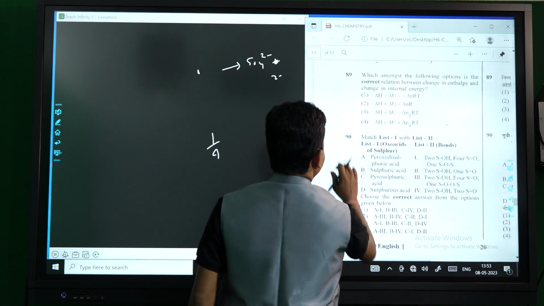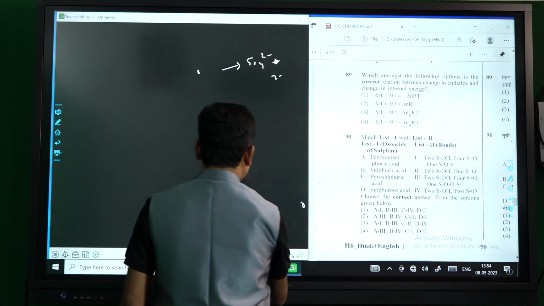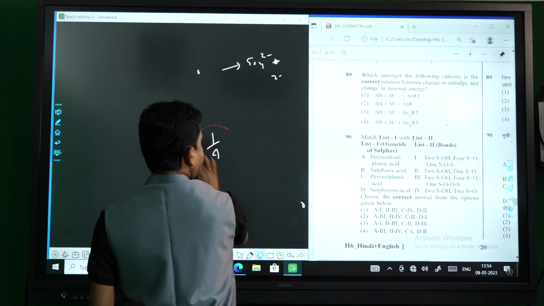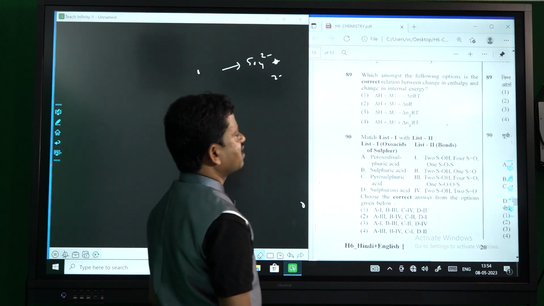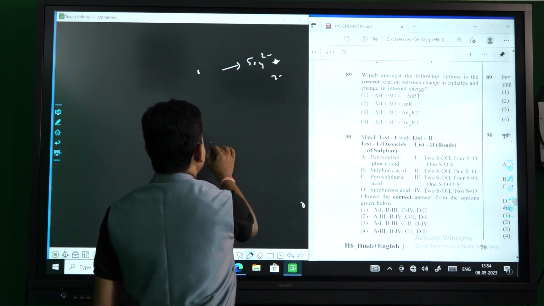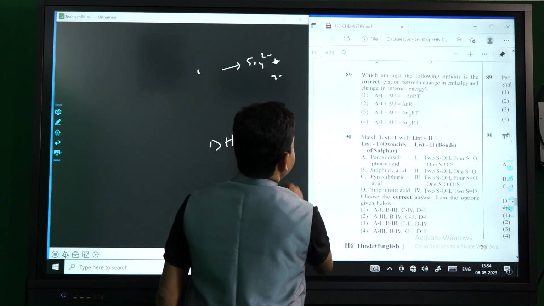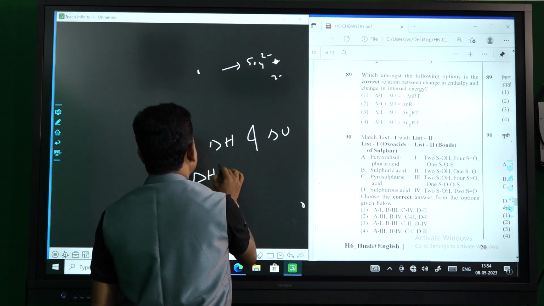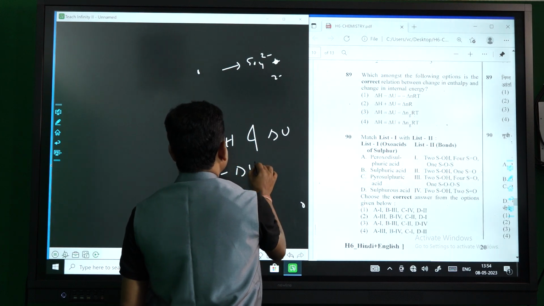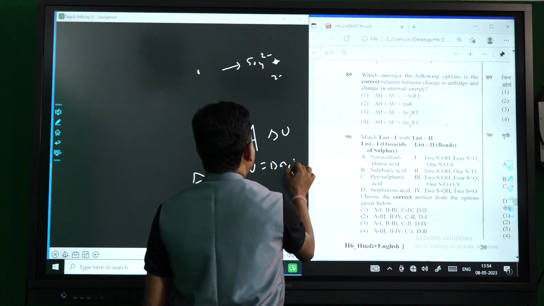Question number 89. Which among the following options is the correct relation between change in enthalpy, delta H, and change in internal energy, delta U, according to the first law of thermodynamics? Delta H minus delta U equals delta n g RT.